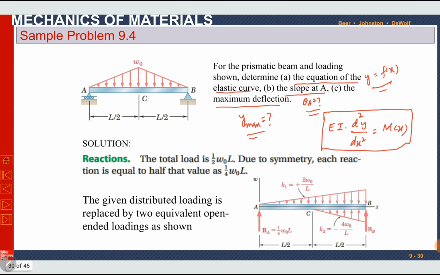Before that we need to find reactions at A and B. You can do it by yourself. This is a simply supported beam, so both the reaction at A and reaction at B can be calculated. It is 1 over 2 W naught L, and it will also be 1 over 2 W naught L. You can do this by yourself. It is 1 over 4 W naught L.